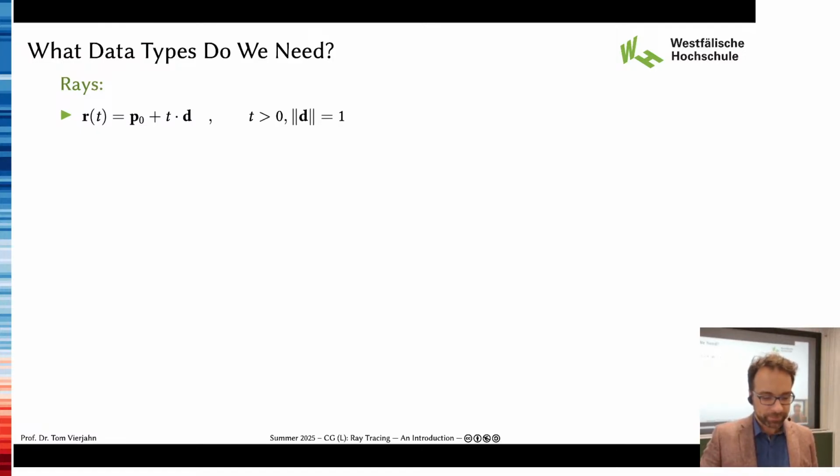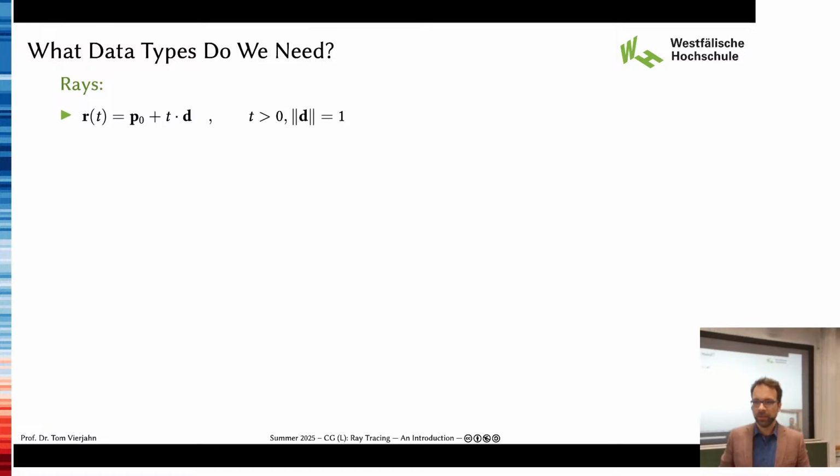Right, so a ray is closely related to a line, but call it maybe a half line. It has a starting point. A line does not have a starting nor an ending point, but a ray has a starting point, and that is P0. You start at P0 and go into the direction of the ray, and t just denotes how long you're traveling.